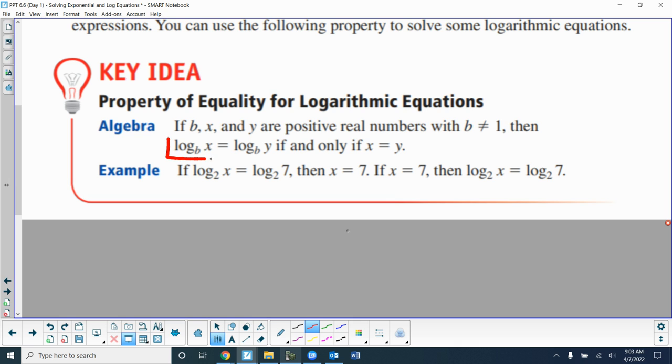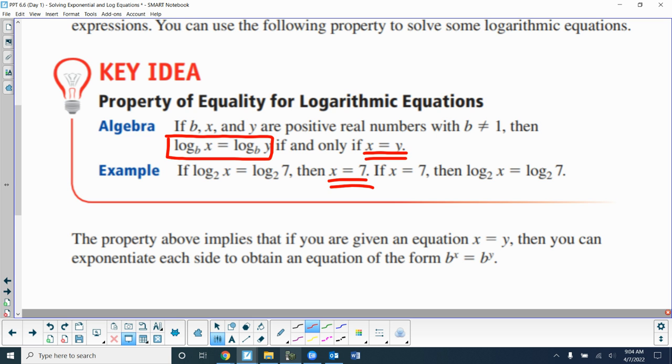If you have logs with the same base, which you will, of x equals log of the same base of y, what must be true about the x and y? They got to be equal. All right? So this example, log base 2 of x, log base 2 of 7, that means x and 7 have to be what? Equal, right? So if you get the same log on each side, you just drop the logs and solve the equation.